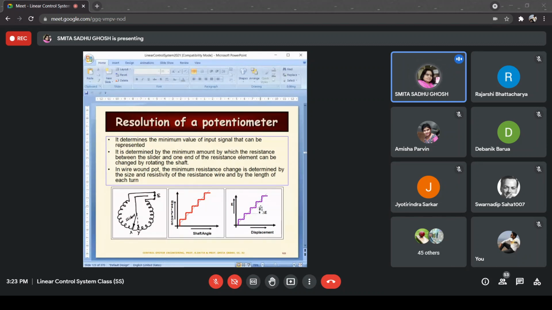The purple step characteristic is the actual one, whereas the dotted characteristic is the ideal one. If there was smooth variation in the output voltage as a result of changing the slider position, we would have got the dotted characteristic, but not in the actual case. In wire wound potentiometers, at least, we cannot get it.